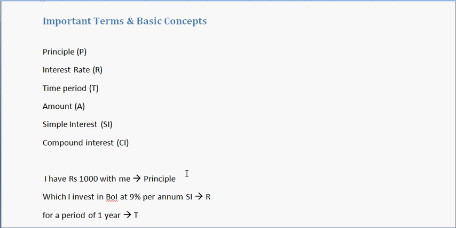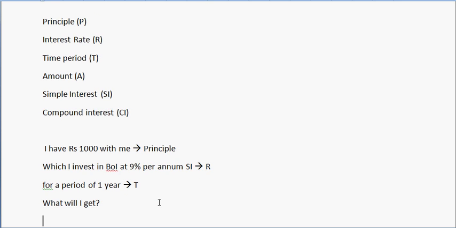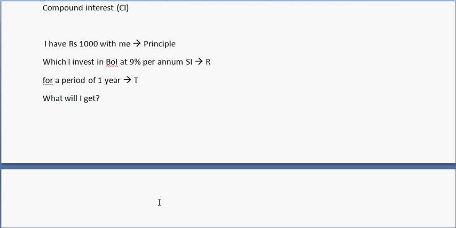So I invested 1000 rupees at 9% for 1 year. What will I get? Obviously I'll get my 1000 rupees back, and I will get some simple interest, which is denoted by SI and given by P into R into T. We'll convert R into a fraction, because it is in percentages.